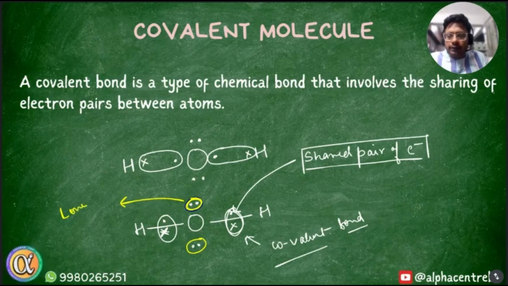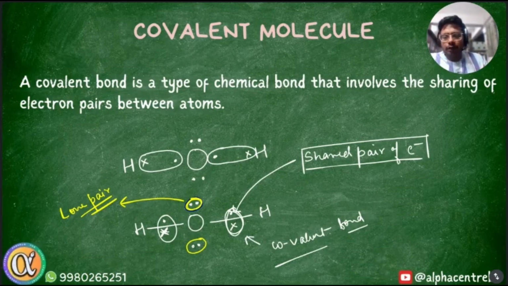Lone pair of electrons. So a covalent bond is a type of chemical bond that involves sharing of electron pairs between atoms. The electrons which are shared, one by each atom, are known as a shared pair of electrons. One shared pair is used for making one covalent bond, and another shared pair for another covalent bond.